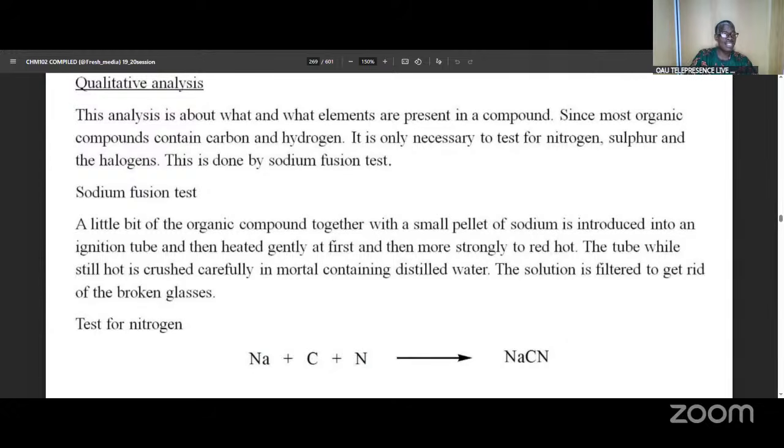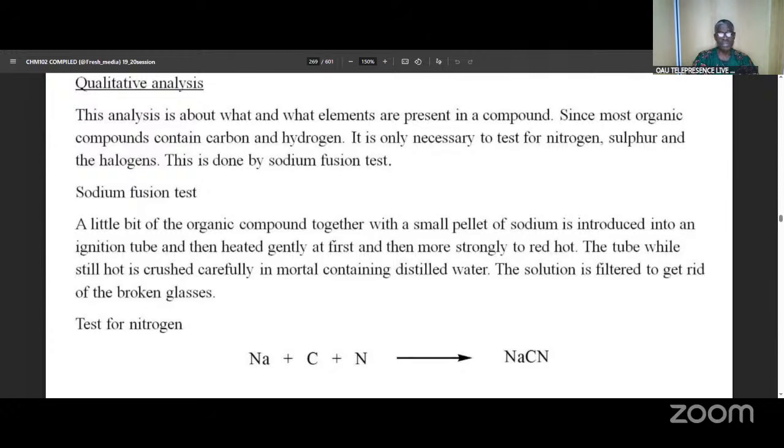Now, the tube, while still hot, is pushed carefully into a mortar with a little distilled water in it. The solution is filtered to get rid of the broken glass, since you crush the tube in the mortar and it is expected that there will be some broken glass in there.